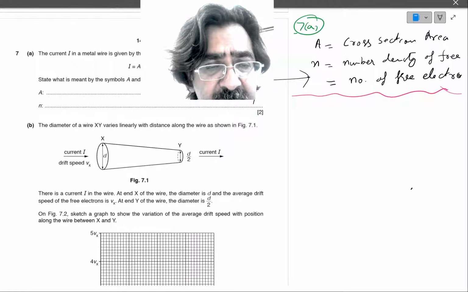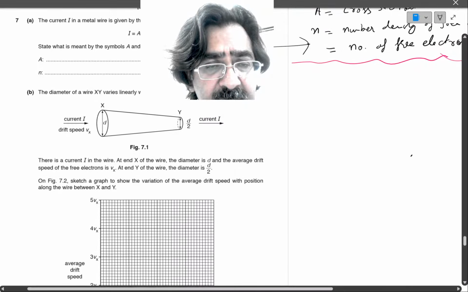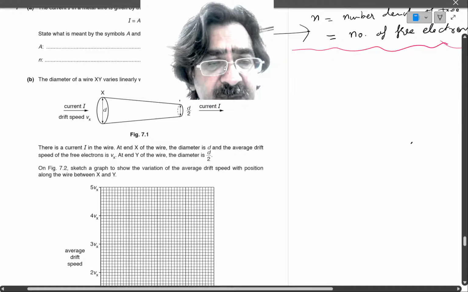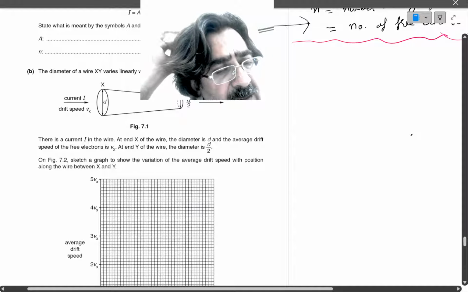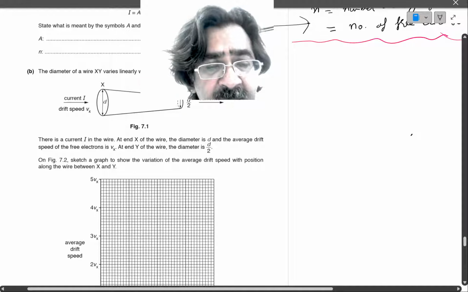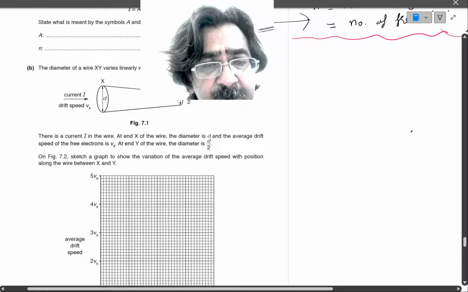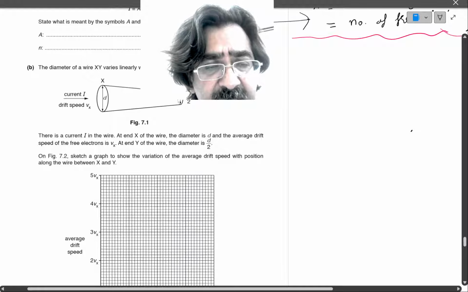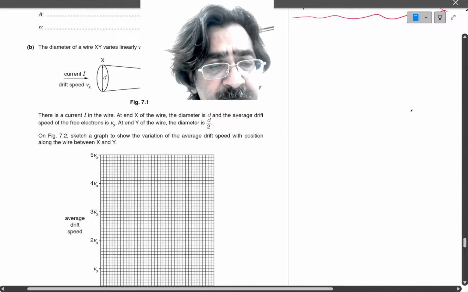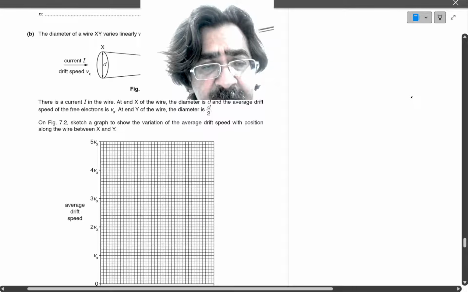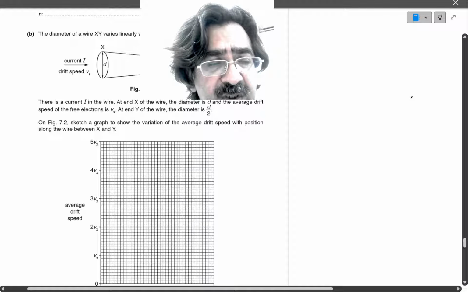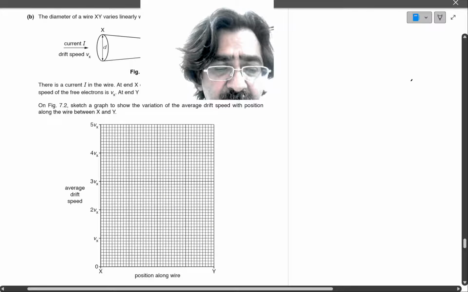The diameter changes from D to D by 2. There is current I in the wire. At X of the wire, the diameter is D and the average drift speed is Vx. At Y, it is D by 2. We can sketch a graph to show the average drift speed with position along the wire XY.